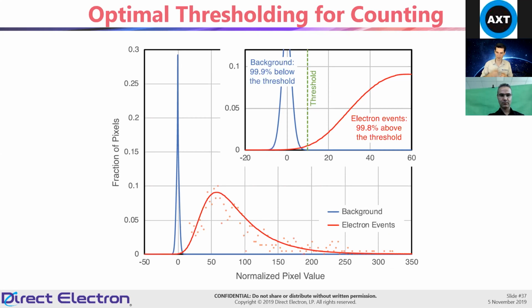And so with the correlated double sampling that we have, using hardware binning, these events are really easy to find, and we can set the threshold for counting ever so slightly above the backgrounds. So we're essentially going to be able to detect 99.8% of all the electron events that we can see, because all the detectors, regardless of who makes them, if an electron doesn't leave any energy, then nobody can detect it anyway.